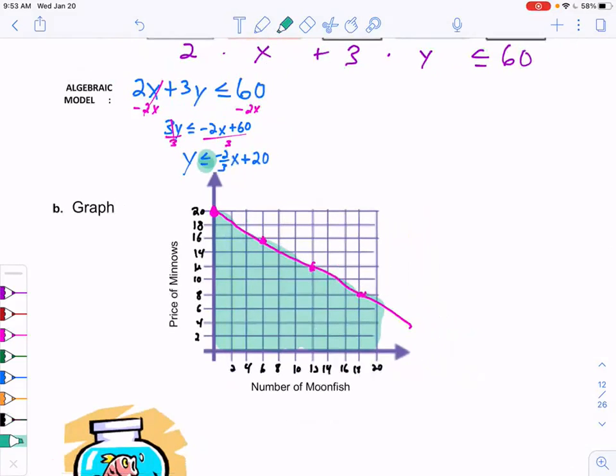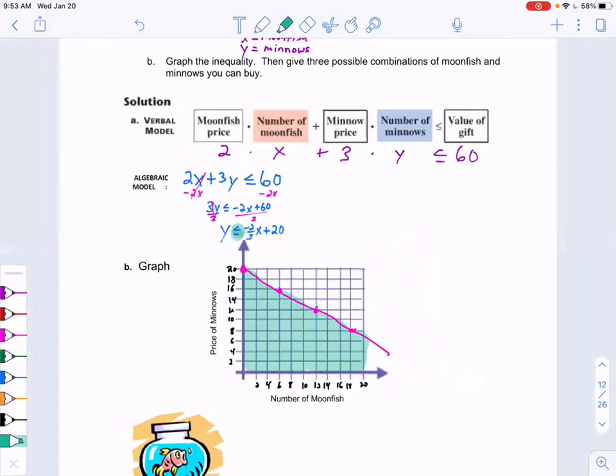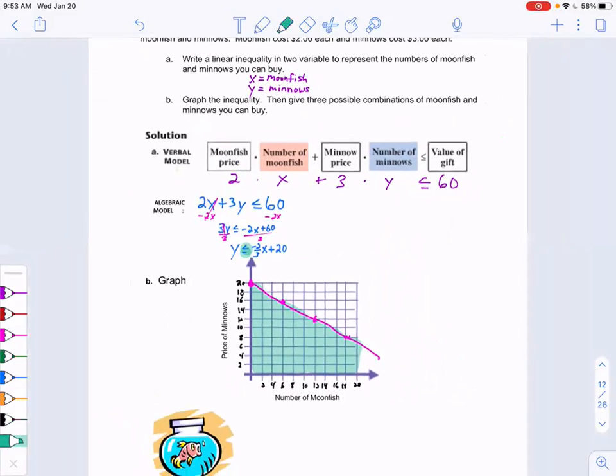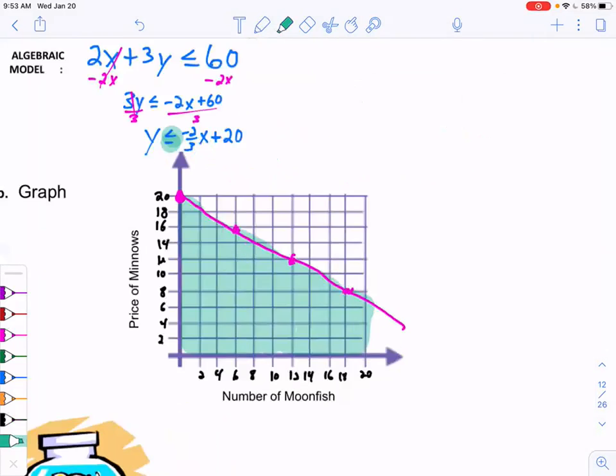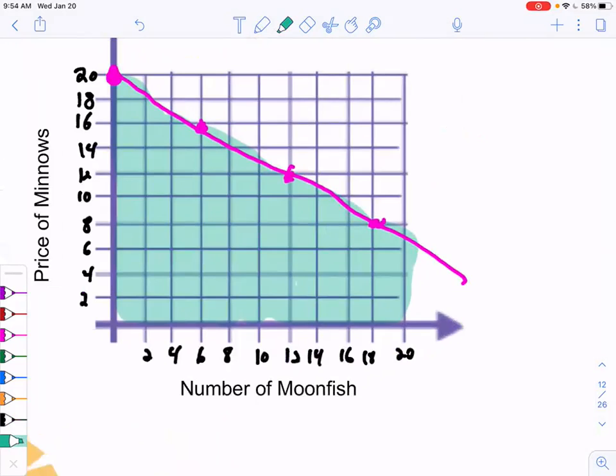Okay, so now we have a second part of this question. It says, once we graph the inequality, give 3 possible combinations of moonfish and minnows you could buy. A solution is anything in this shaded region. 2 days ago for homework, you had a question that said, pick out 3 solutions to the graph. You guys remember that? No?